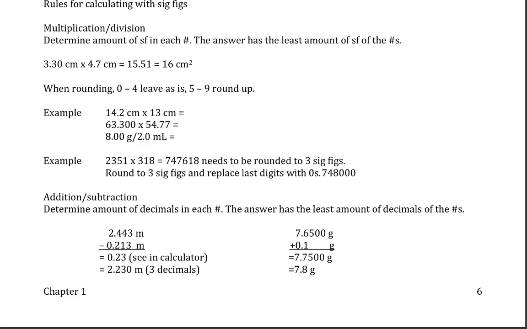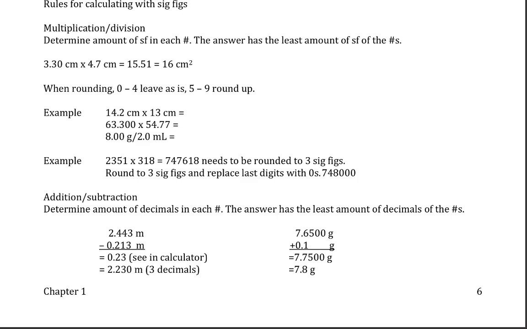So let's say that we are subtracting these two numbers, 2.443 meters and 0.213 meters. So 2.443 minus 0.213.